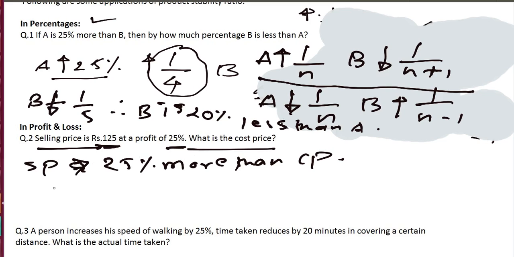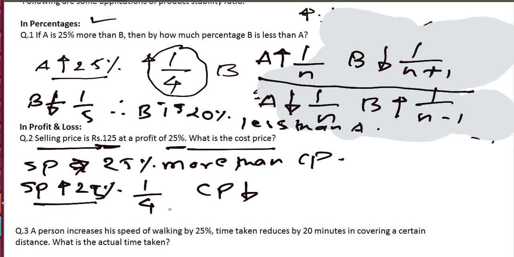So here SP is increasing, or SP is more by 25%. 25% means 1 by 4. So SP is increasing by 1 by 4th, right? So therefore CP must decrease by 1 by 5th of the SP.